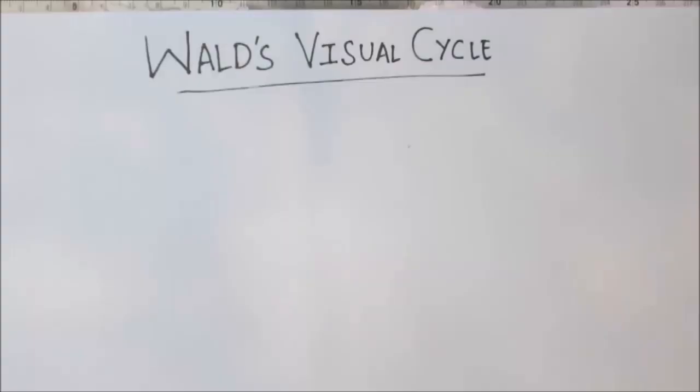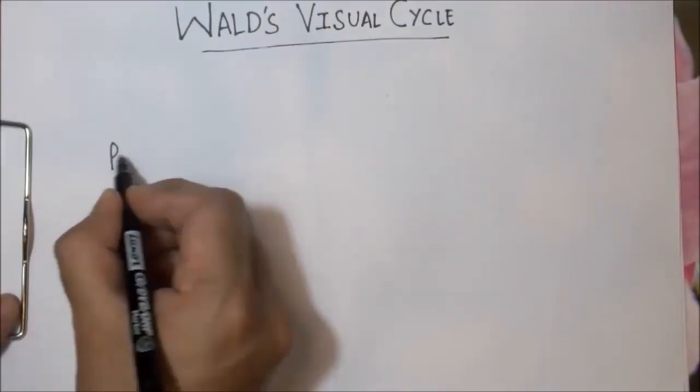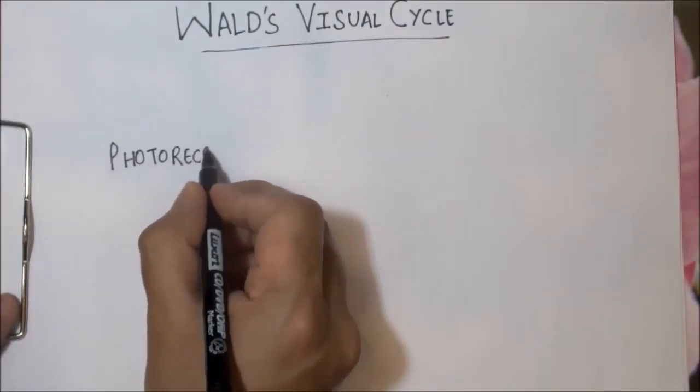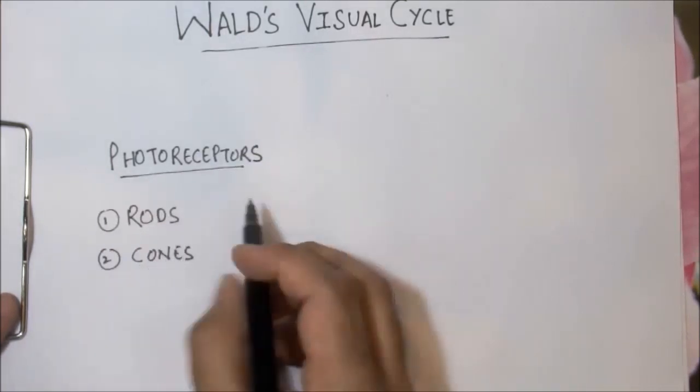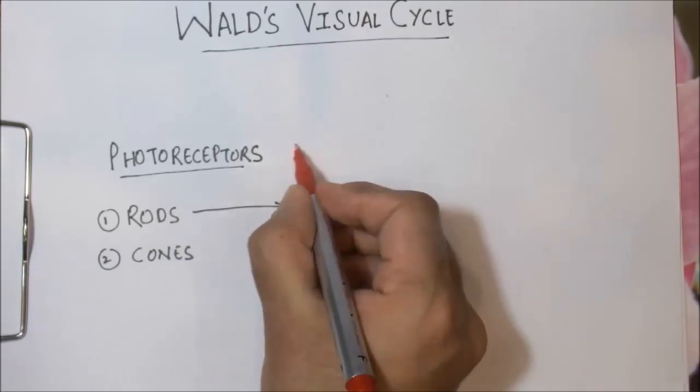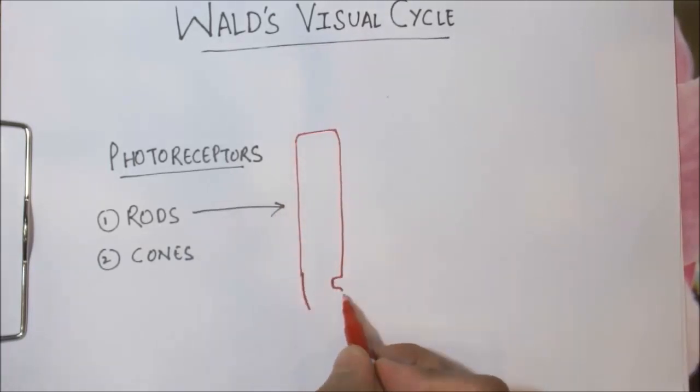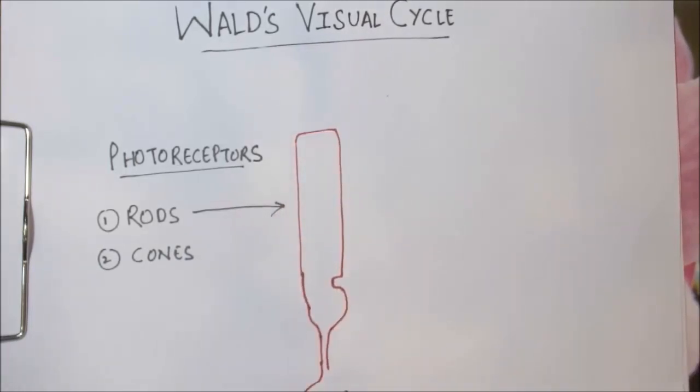Wald's visual cycle. Now this occurs in rod cells. We have seen there are two types of photoreceptors, the rods and the cones. The visual cycle occurs in rod cells. Now this is the structure of a rod cell.